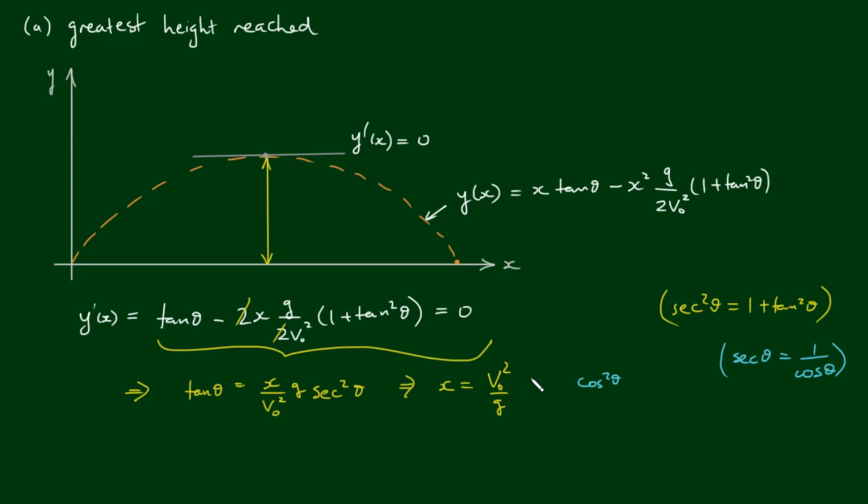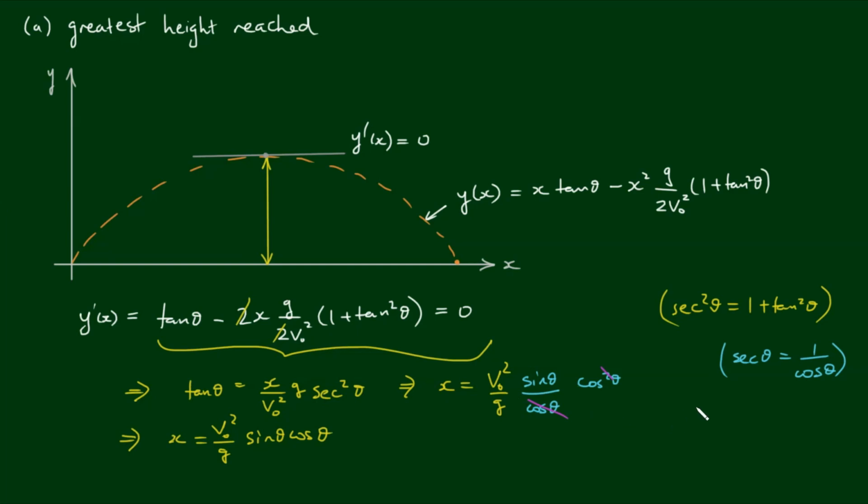The tan theta I can express as sine theta over cos theta. And we have a power of 2 that cancels with a single power. So this then becomes x equals v0 squared on g by sine theta by the cosine of theta.